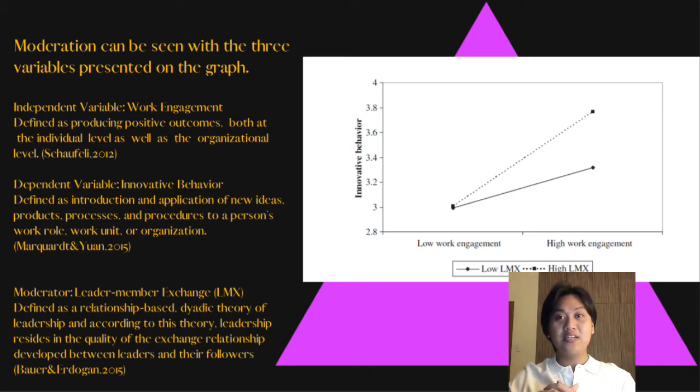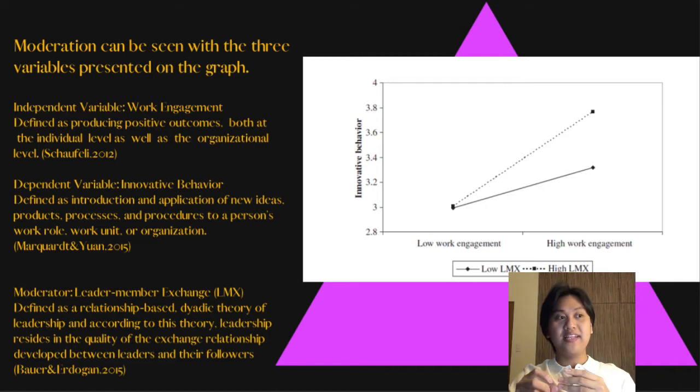Now, let's take a look at each of the variables. First, the independent variable, which is work engagement. Work engagement is defined as producing positive outcomes both at the individual level as well as the organizational level. This can be seen on the x-axis. Next would be the dependent variable, which is innovative behavior.